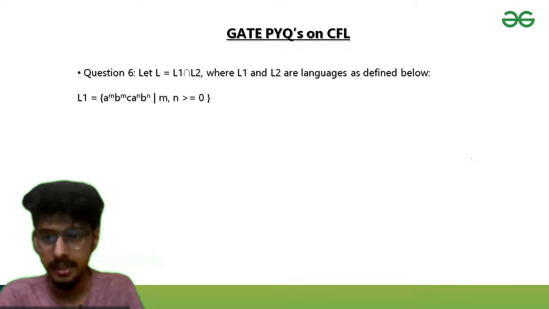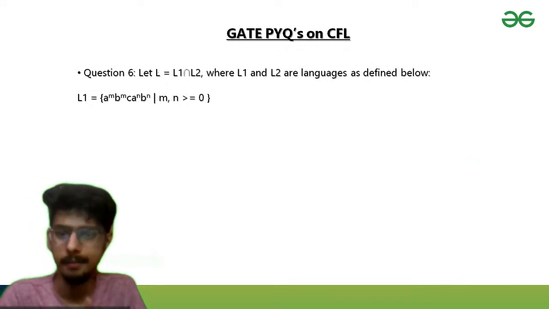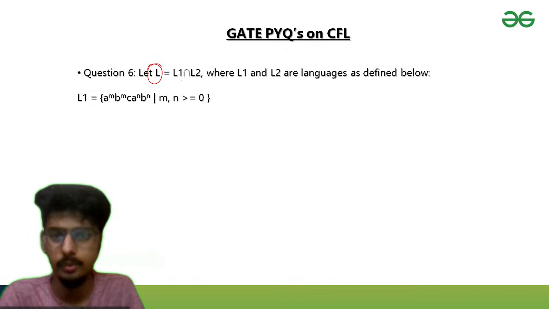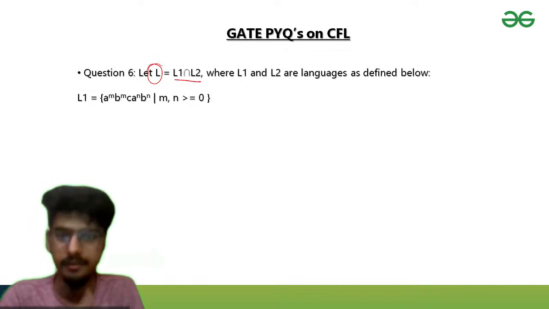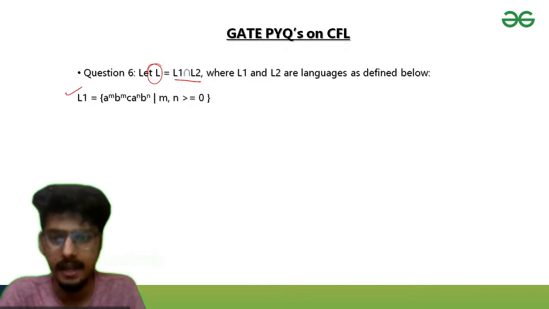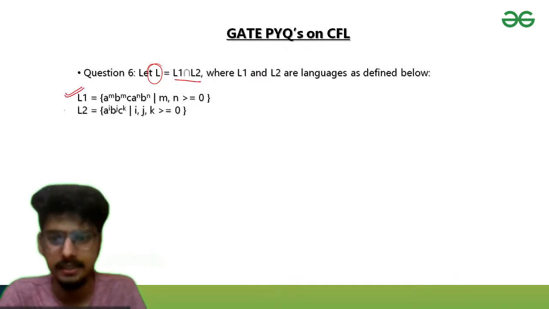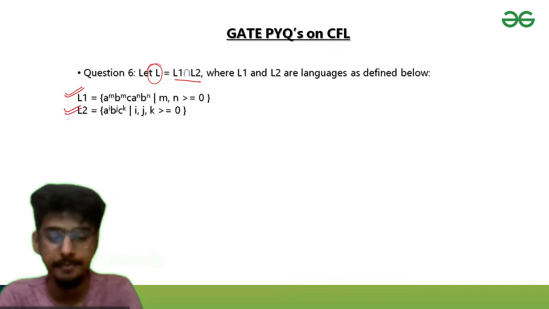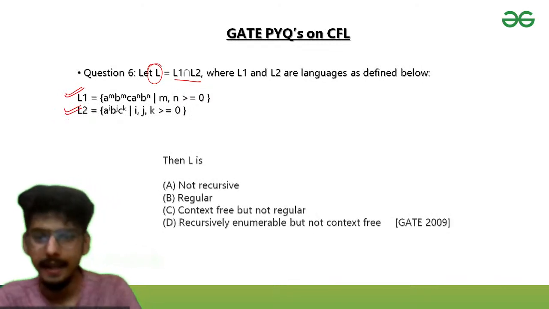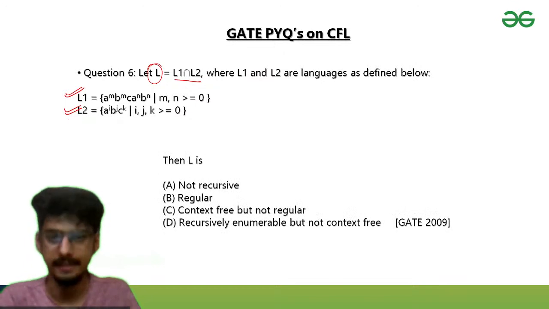Here you are given a language L which is of the form L1 intersection L2, where L1 is defined as this language and L2 is defined as this language. Now the question is, what is L?